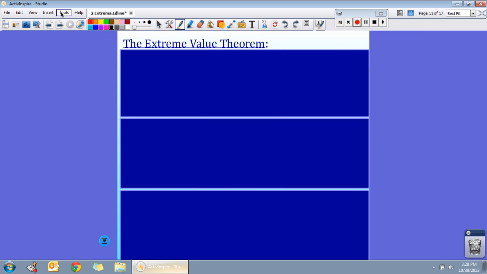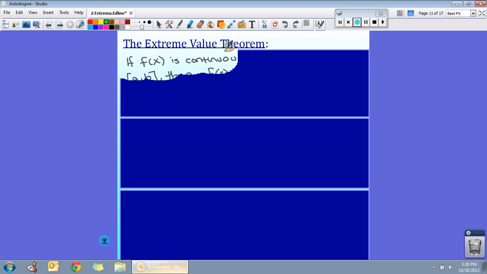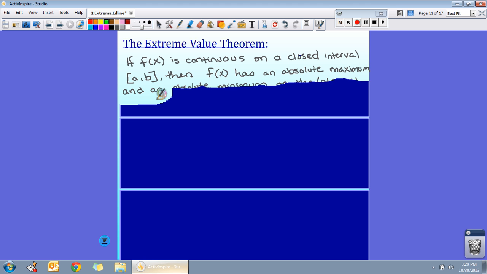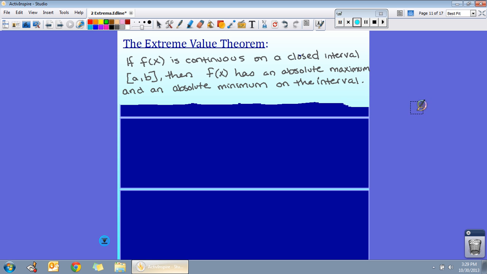Here comes a fairly important theorem, the extreme value theorem. Okay, the extreme value theorem says that if f of x is continuous on a closed interval from a to b, then f of x has an absolute maximum and an absolute minimum on the interval.